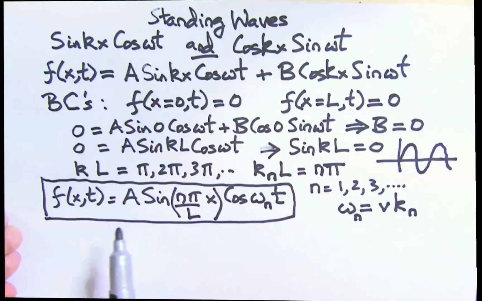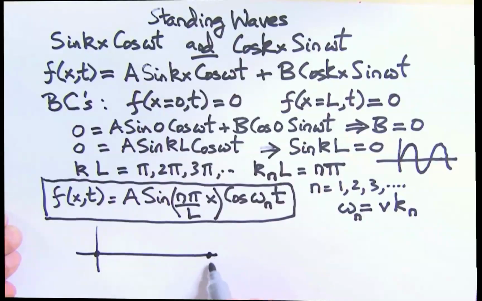Now, of course, when we plot this out, what this gives us is the following. Here is x equal to 0, here is x equal to L, and the solution with n equal to 1 will look like this.